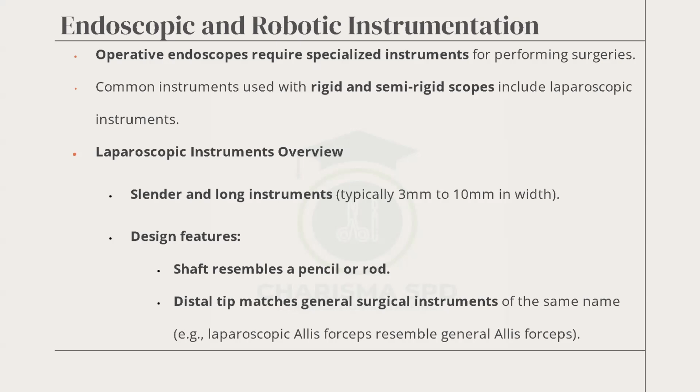Laparoscopic instruments are instruments that we use most of the time for minimally invasive surgeries, and they are used alongside semi-rigid scopes and, most of the time, cameras. The scope has to be mounted to a camera, and the camera will provide the image, and the laparoscopic instrument is what will go in with the help of the scope and the camera to perform the job that needs to be done.